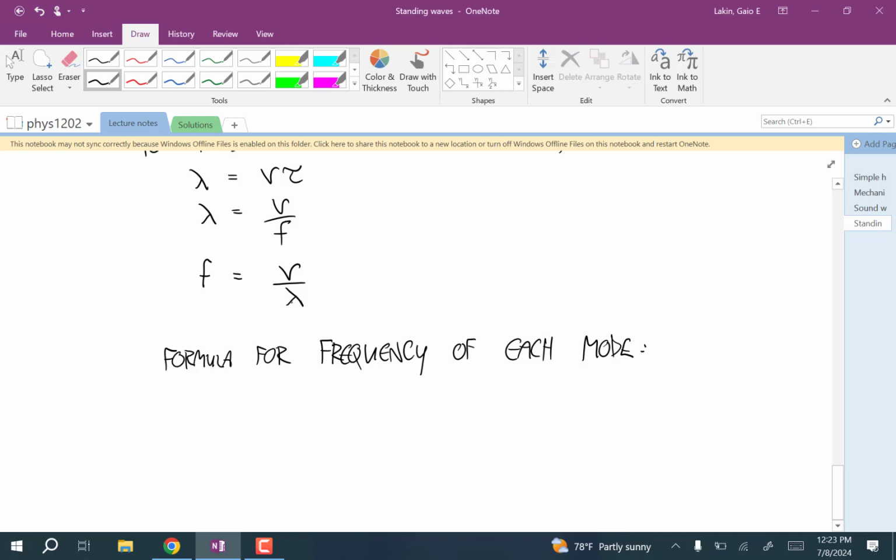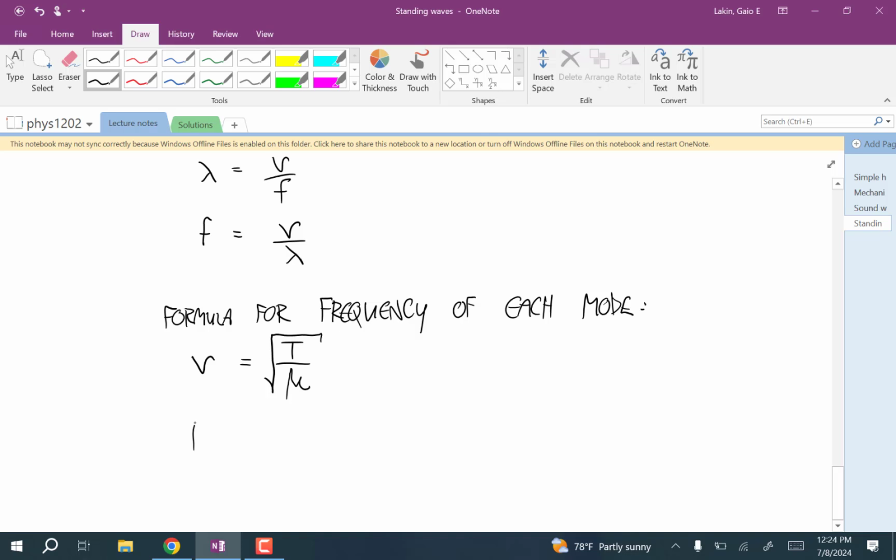Remember that the speed of a wave along a string is the square root of the tension divided by this mu, which is the mass of the string divided by the length. We talked about that a day or two ago.